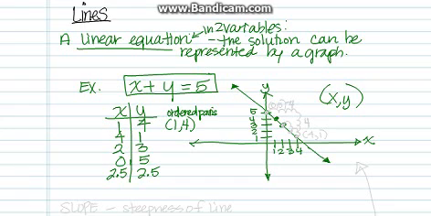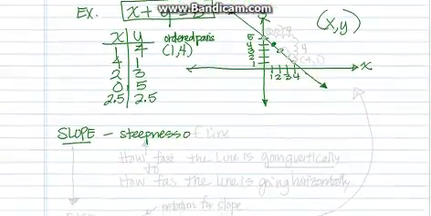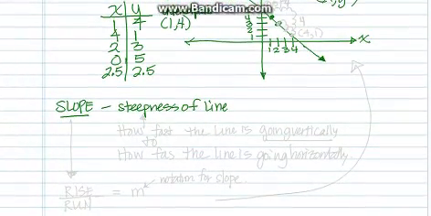Now, one important characteristic of a line is the slope. When we talk about the slope, this is our steepness of the line. So the larger the slope we have, the steeper that it is.